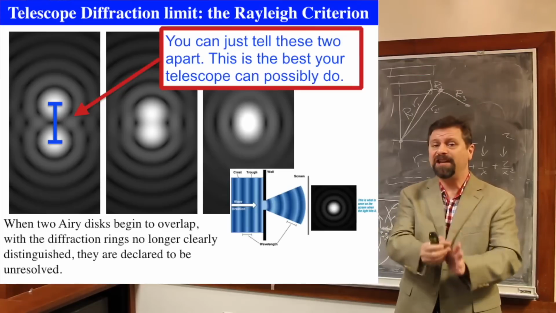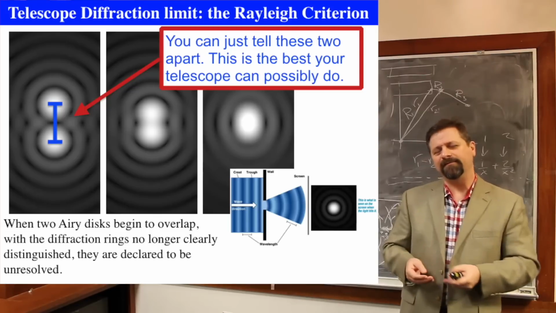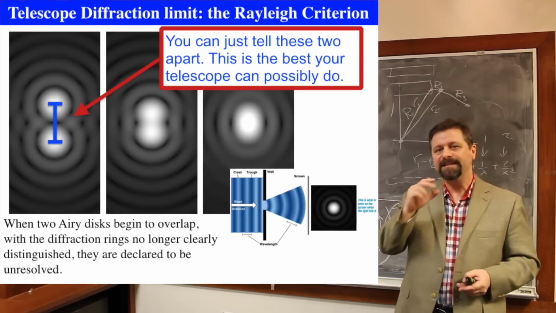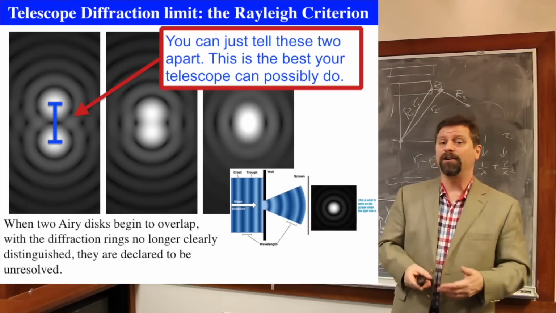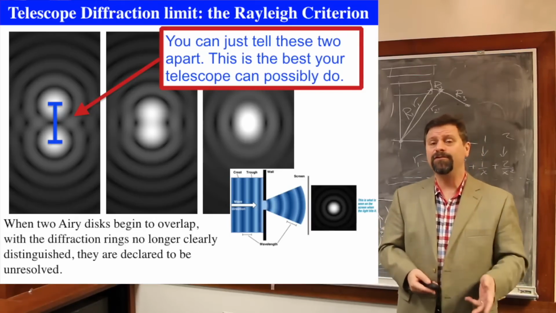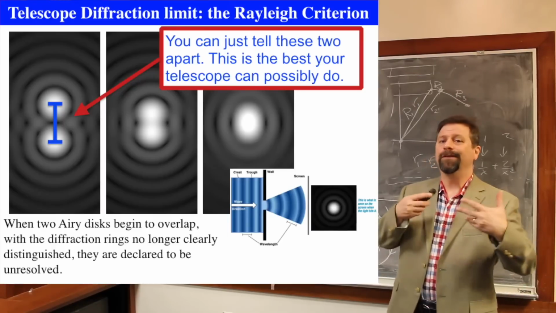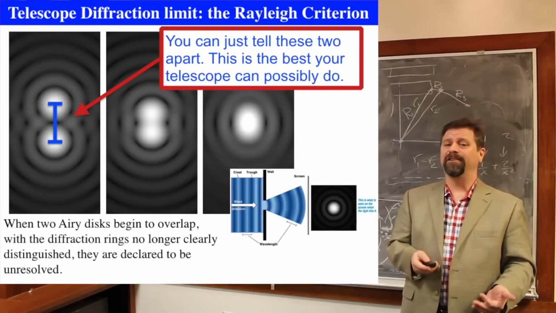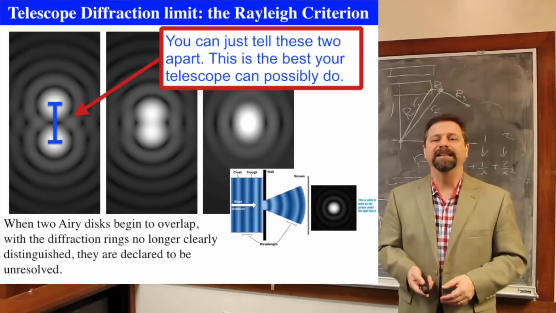And so that's just being able to tell the two apart. And if you look at this diagram, we have three different flavors of that where there is some darkness between them. The other two do not show any darkness between them. So you can't tell if it's two stars or if it's like an oblong peanut-shaped object. So when the two Airy disks overlap, that's when you're getting what's called the diffraction limit.